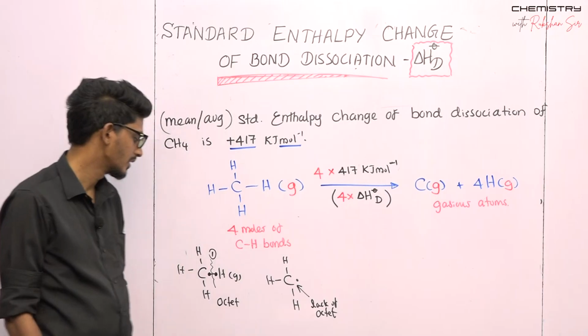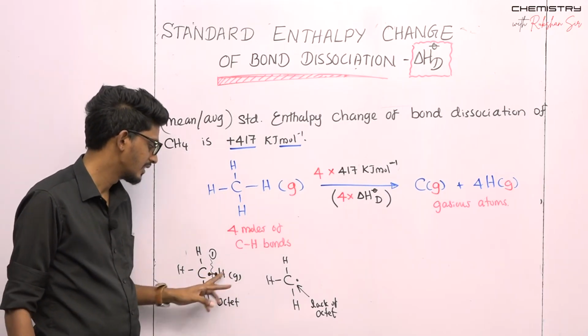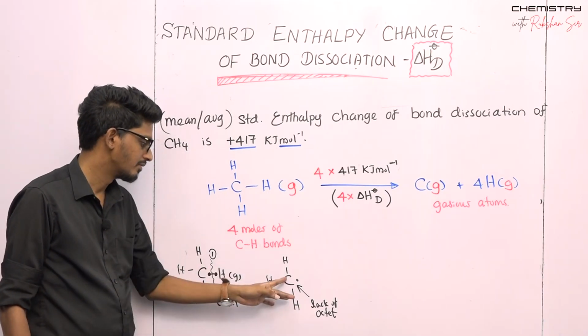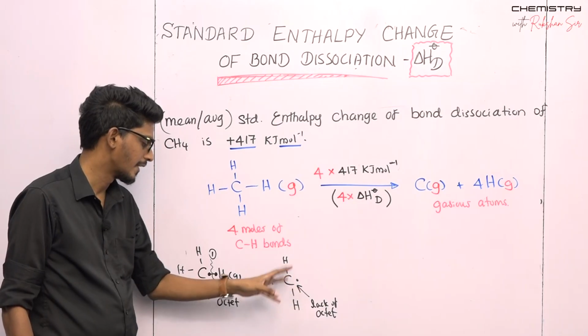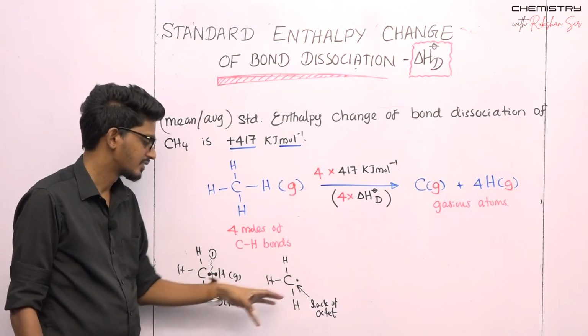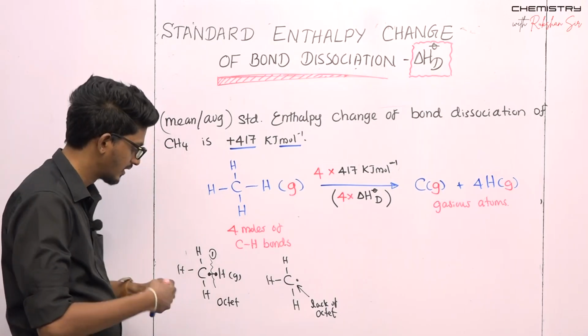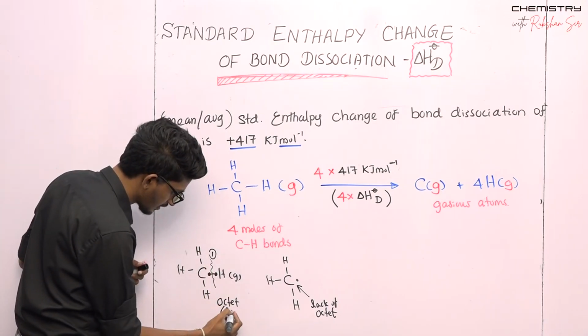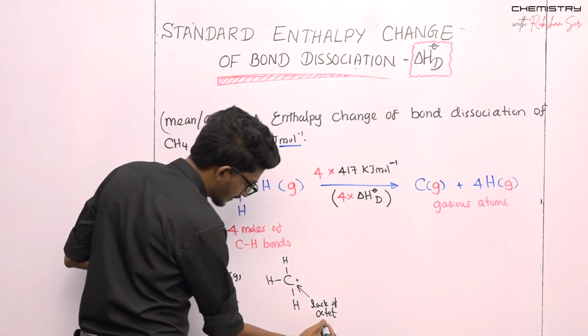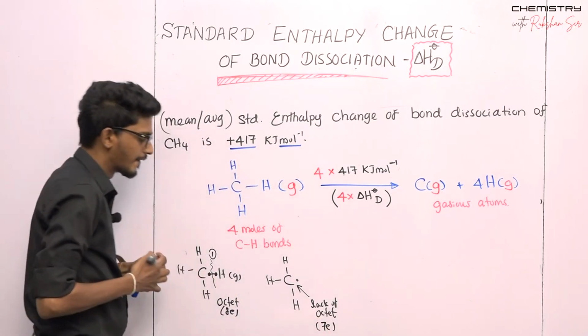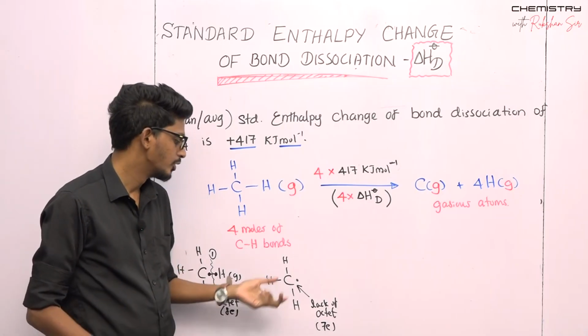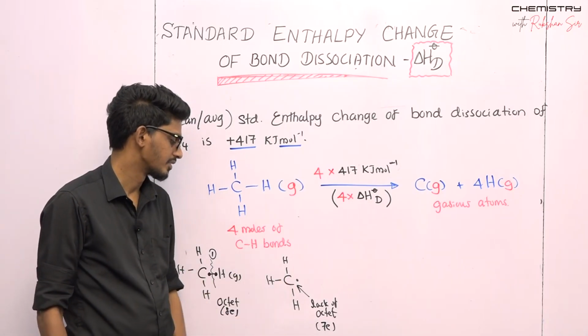That is what happens. By breaking a bond, the hydrogen goes with its electron. So the carbon will lose one of the electrons in its valence shell. So this one is with only 7 electrons, while this is with 8 electrons altogether. You need more energy to do this kind of harder process.